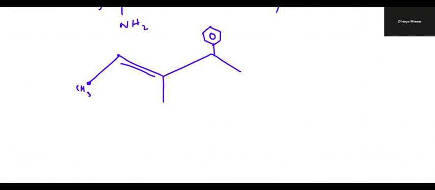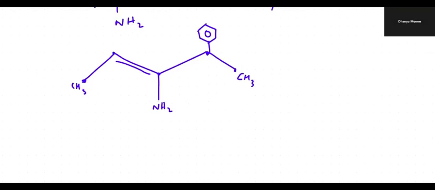And this is NH2. This is carbon, this will be CH3. This is also carbon. You can see here there's a double bond. So this is a functional group and this is a substituent. And NH2 is the functional group, right?